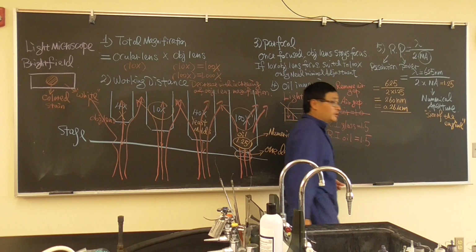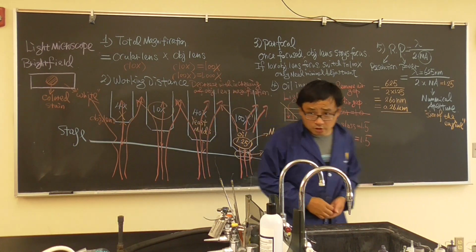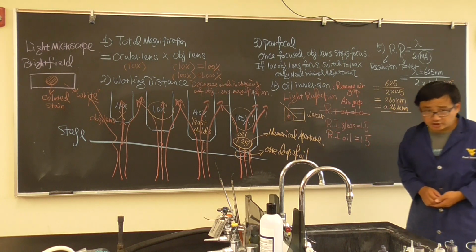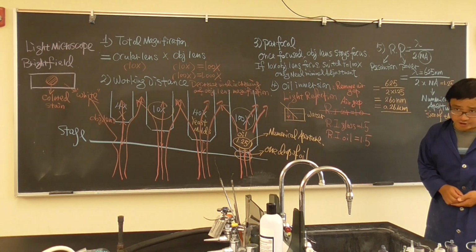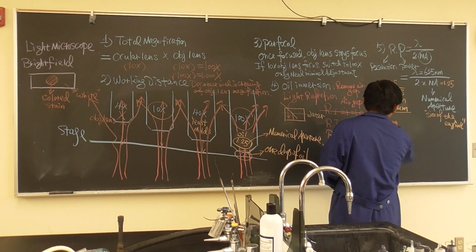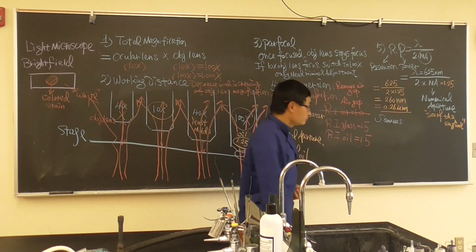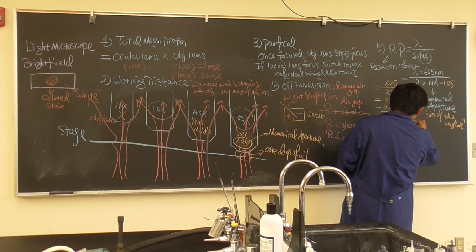Okay, what does this number mean? I'll give you an example. Can you guess what is the average size of a bacterium? We're going to do observation in the lab. Let's say Staphylococcus aureus. What's the average size? It is about 0.5 micrometer.